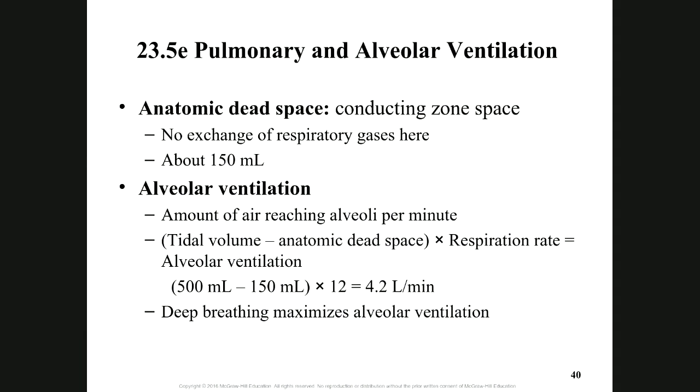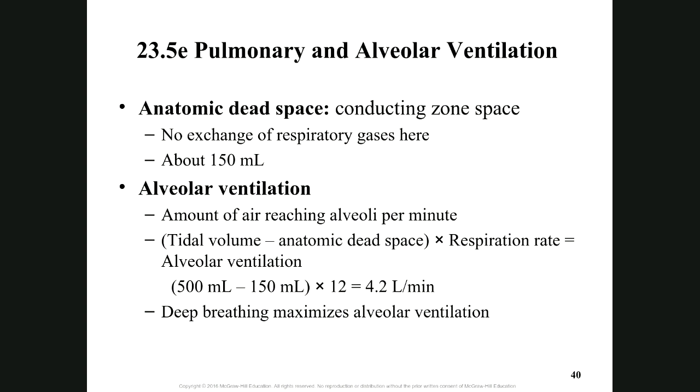When I talked about the divisions of our respiratory system, I told you that some parts of our respiratory system are called the conducting zone and the other part is called the respiratory zone. And the description of each of these parts is this. The conducting zone can only conduct the air and we don't have any exchange of oxygen and carbon dioxide. And the respiratory zone is the part which can do this exchange.